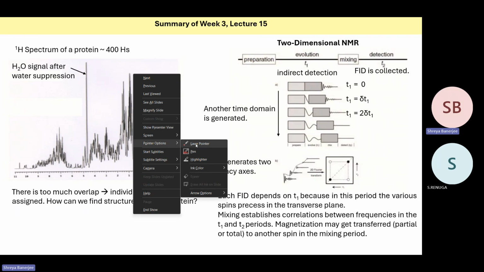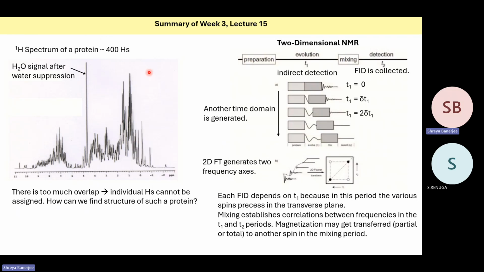Now we will see the basics of 2D NMR. So basically a protein or a DNA has a very large number of protons, like 400 to 500 protons. If you just see the 1H NMR, it is very much crowded. There is no way to possibly assign any signal to this 1H NMR.